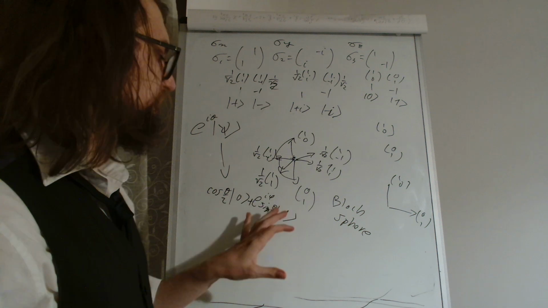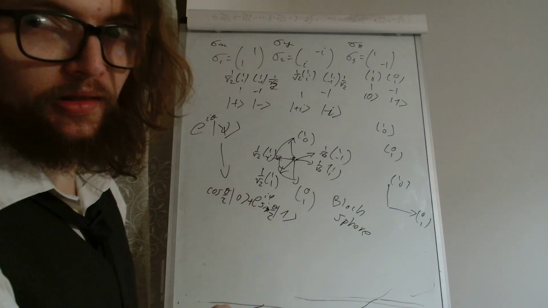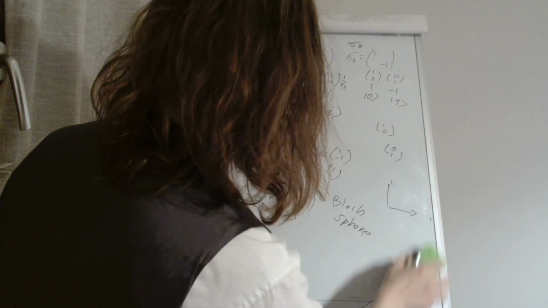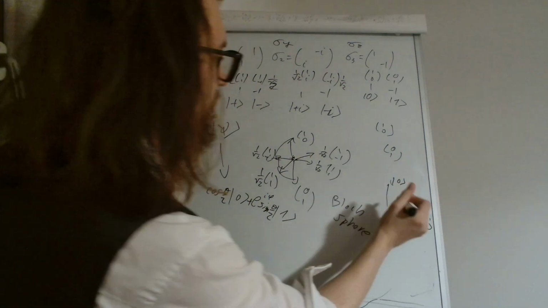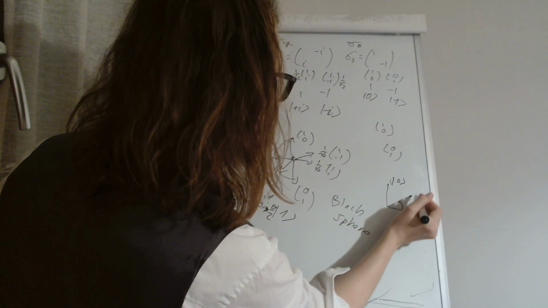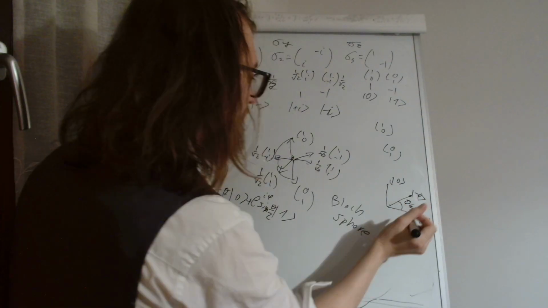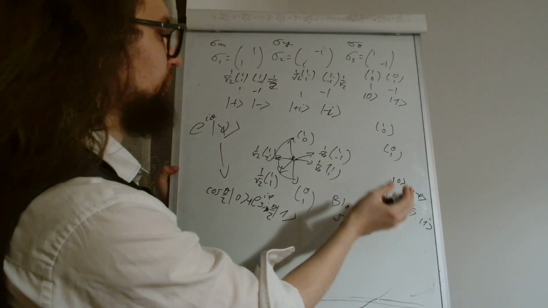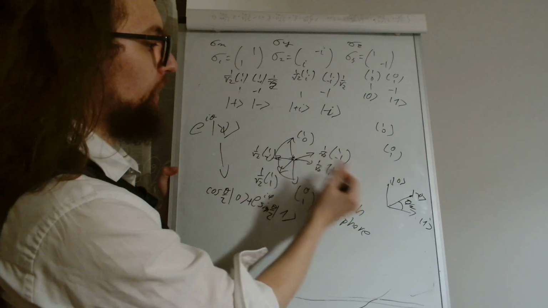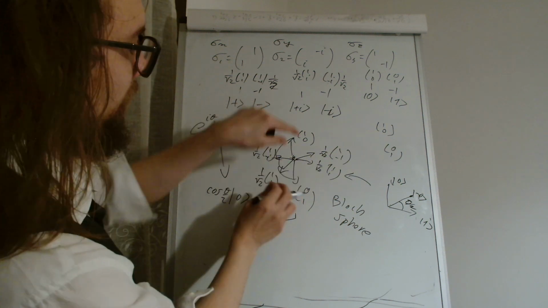Now why have I written theta half instead of theta? Because this theta half is the angle between these two states, 0 and 1. This one is 0, this one is 1. So in the state space, we have here psi, and this angle is theta half, because remember, when you go from the state space to the physical space, the angle doubles, so they are separated here by theta.